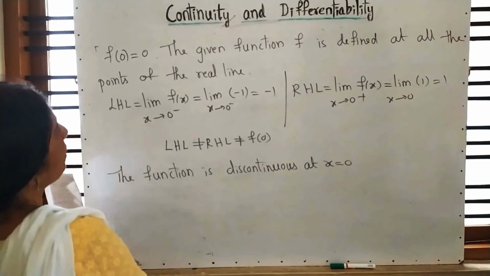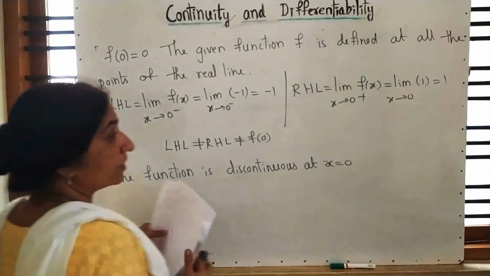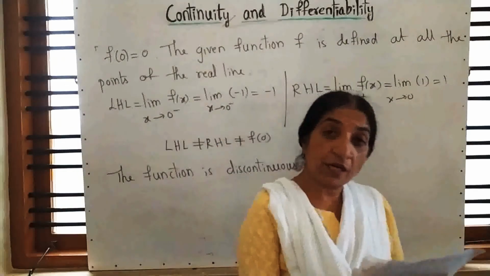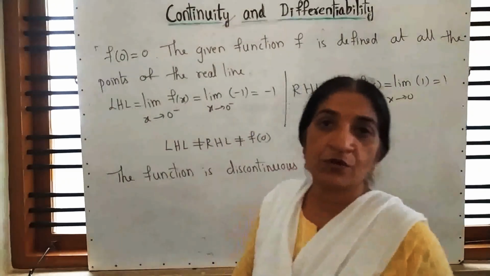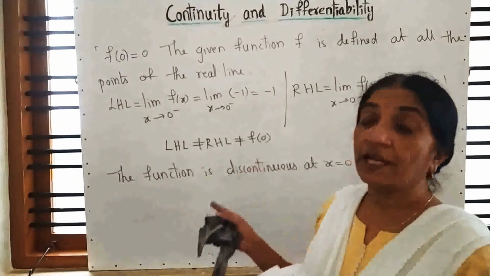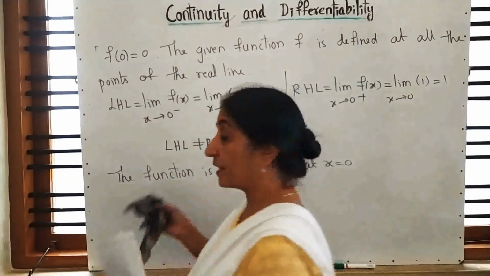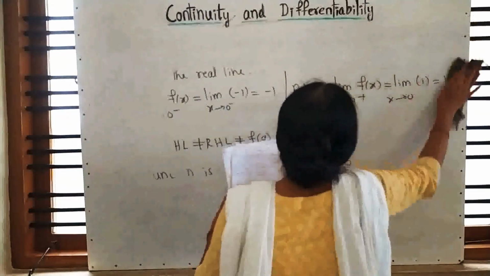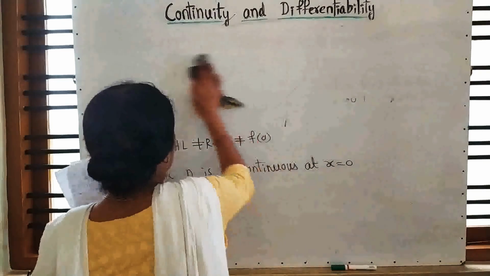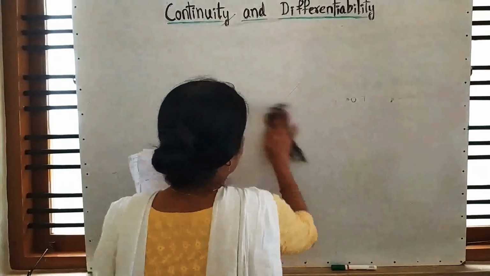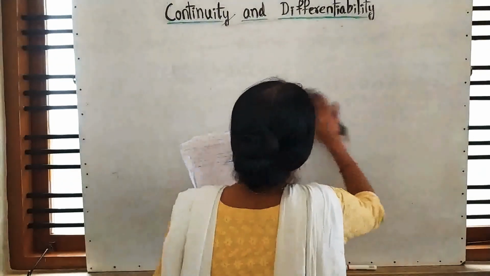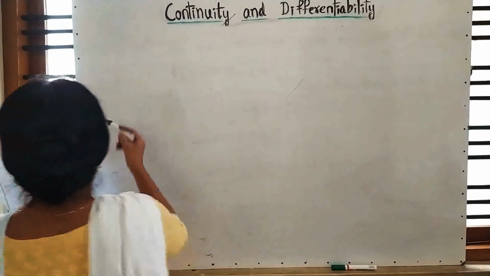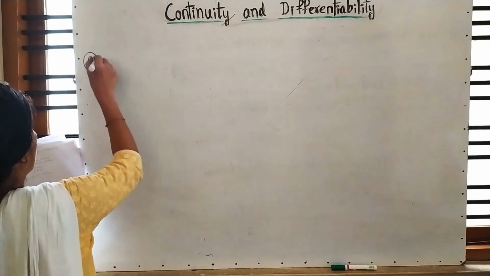Now moving to the next question. Remember student, in this question, if you are thorough in the first year modulus, then only you can solve. See, already I solved in the last class one question related with modulus. Next question.